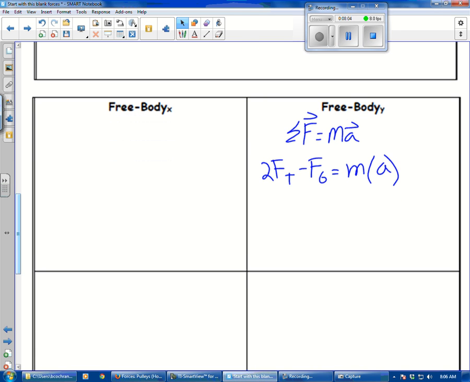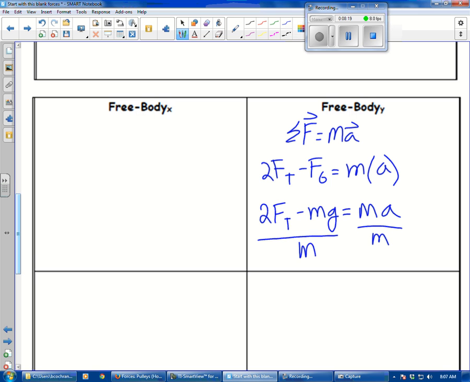So I'm going to write 2FT minus mg equals ma. I divide both sides by m, so I can get a by itself.